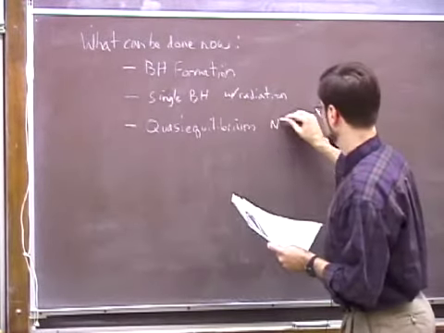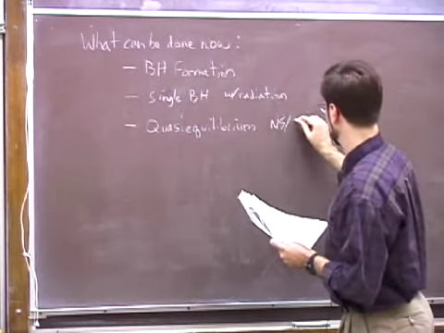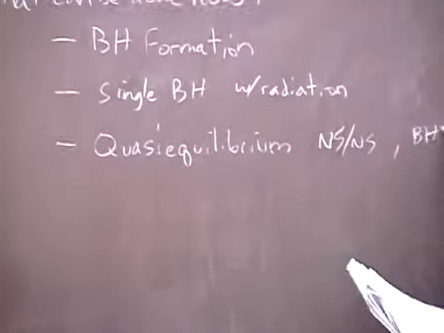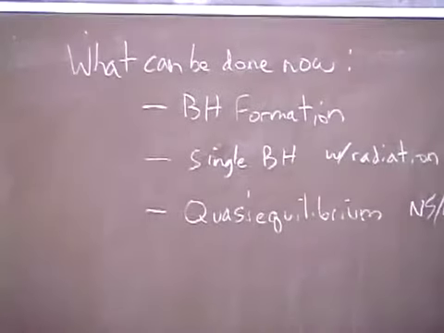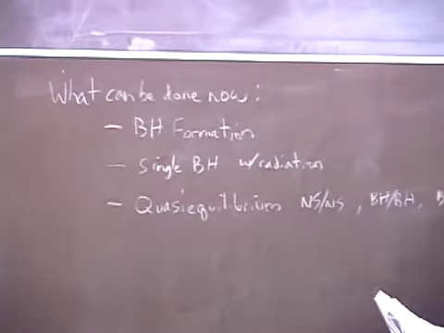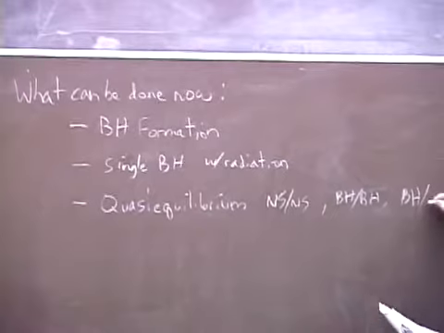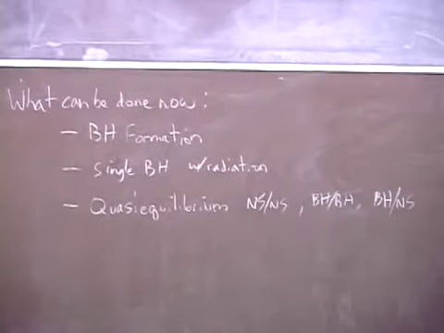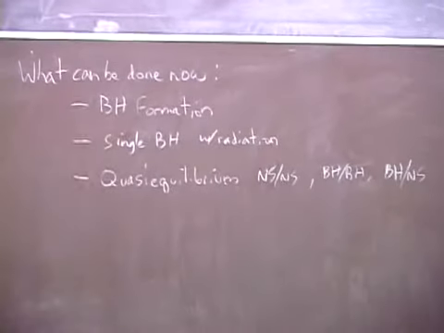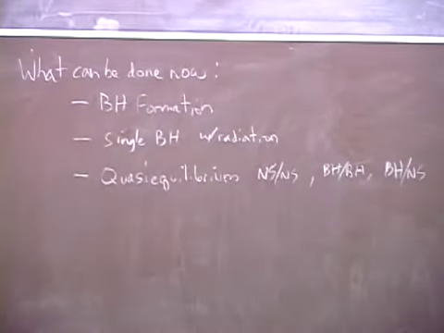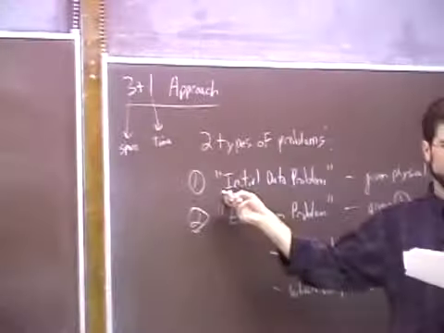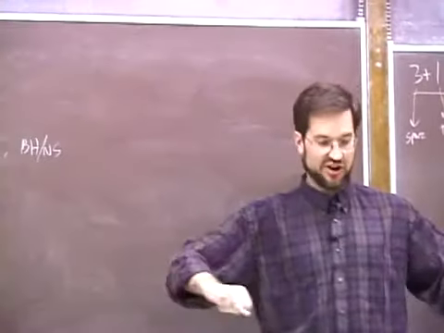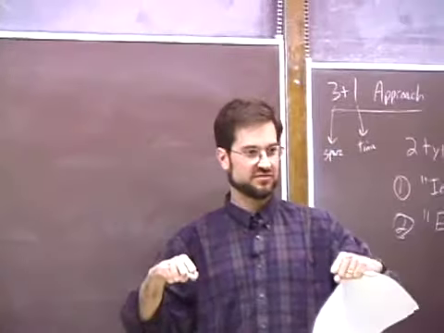Another thing that's been done is quasi-equilibrium neutron star binaries, black hole binaries, and one that I know of, black hole neutron star. By quasi-equilibrium, I mean you solve the initial data problem in such a case that what you hope to get is a snapshot of a binary orbit.